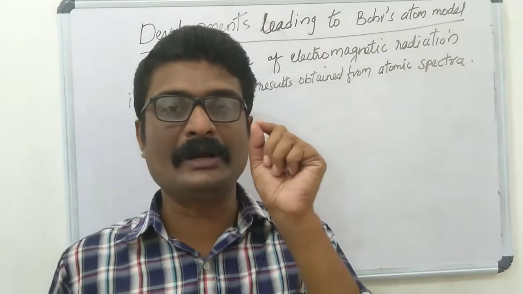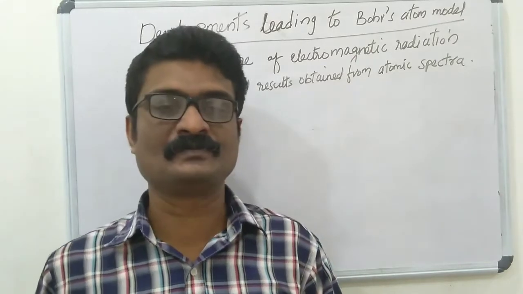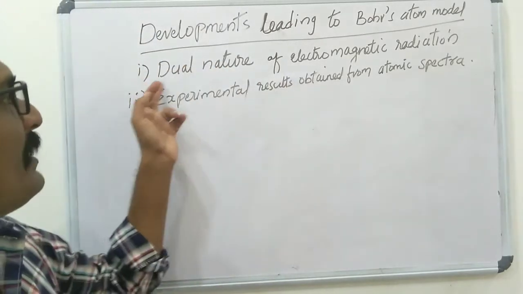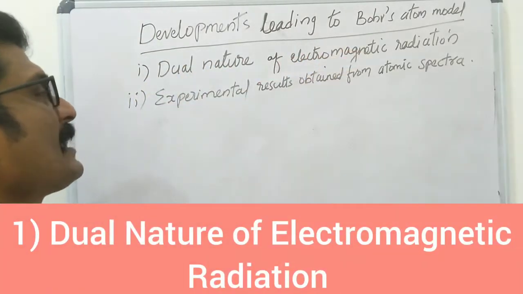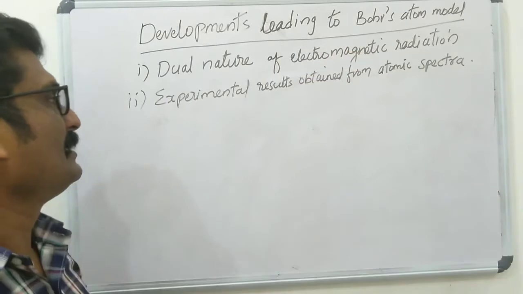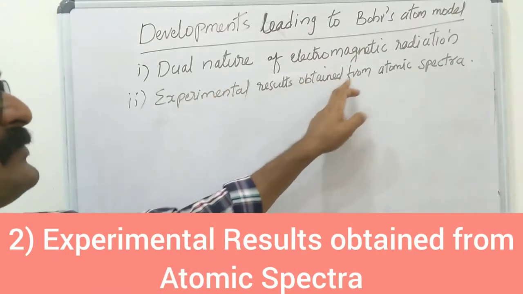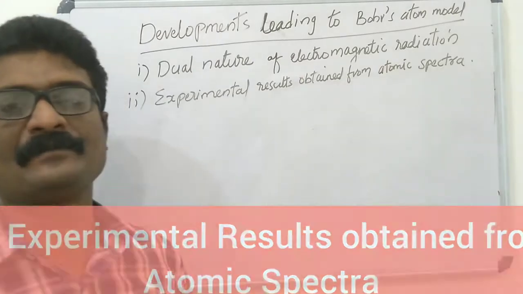The two developments which lead to Bohr's atom model are: number one, dual nature of electromagnetic radiation. Number two, experimental results obtained from atomic spectra.